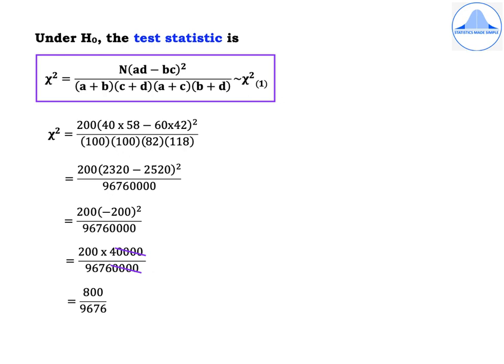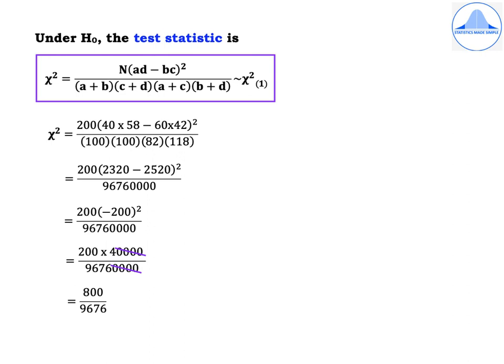Under H naught, the test statistic is chi-square equal to N into (AD minus BC) the whole square divided by (A plus B) into (C plus D) into (A plus C) into (B plus D), which follows chi-square with 1 degree of freedom. Substituting the values from the table, we get chi-square equal to 200 into (40 into 58 minus 60 into 42) the whole square divided by 100 into 100 into 82 into 118.